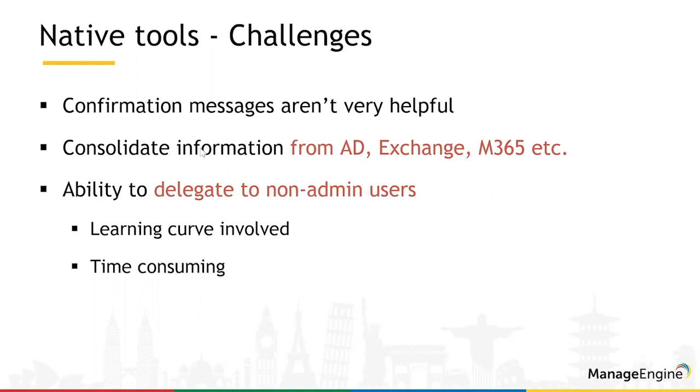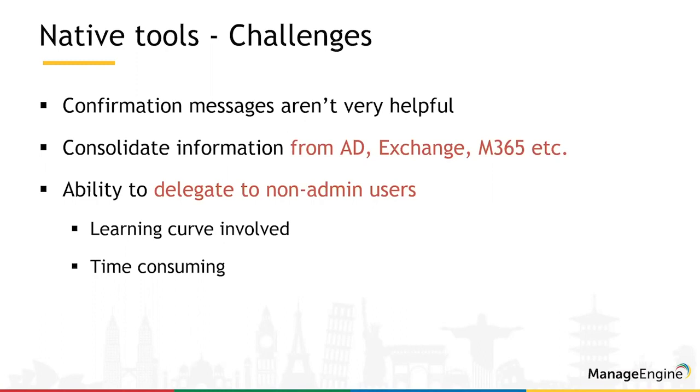Now, the challenge that I see with some of these tools that I just showed you earlier is that the confirmation messages you get from these tools aren't very helpful. Let me give you an example. Let's say you're running a PowerShell script for creating a hybrid user, and for some reason the on-prem part was a success, but the Office 365 part failed.